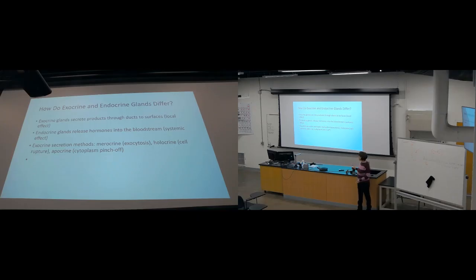So merocrine is through, again, exocytosis. Rupture will be holocrine secretion, and then when the cytoplasm pinches off will be apocrine. So glands can be classified then, if they're exocrine, as merocrine, apocrine, or holocrine.